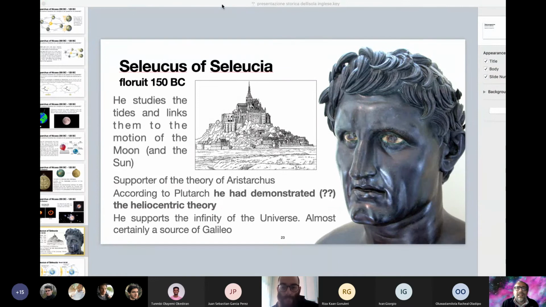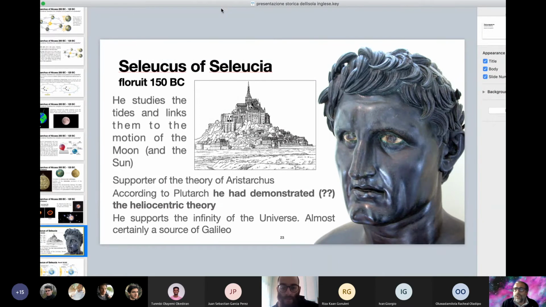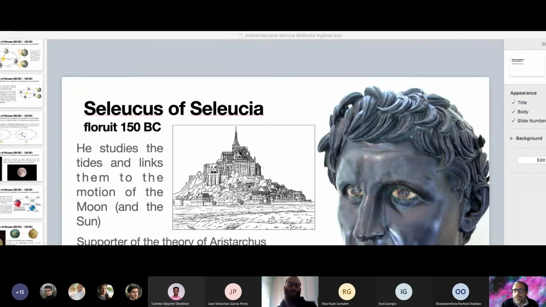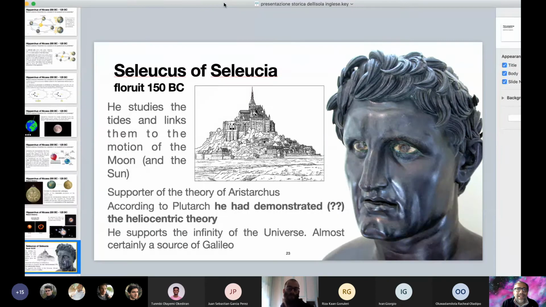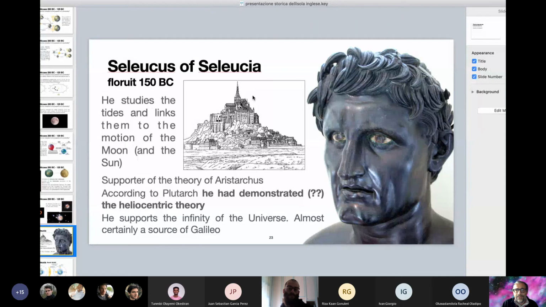And I think that the contribution of Seleucus was mathematically and mechanically very important, because Plutarch, a later historian, wrote that Seleucus had demonstrated the heliocentric theory.